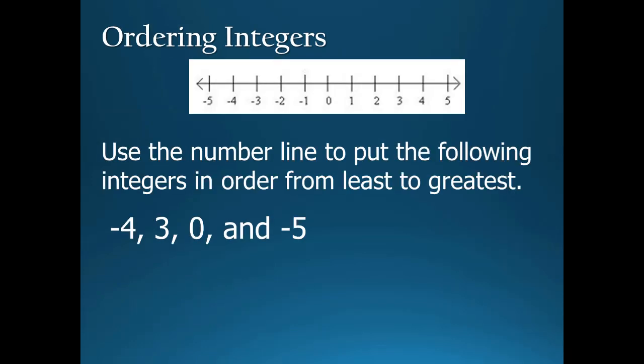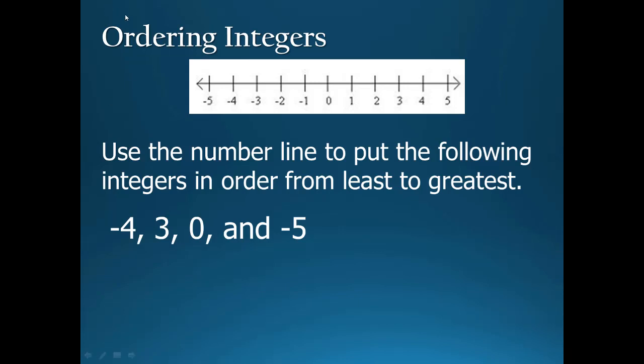Okay, now we will try ordering the integers from the least to the greatest. Minus 4, 3, 0, and minus 5. So we are starting from the least, minus 5. We're starting from the left to the right. Dari yang kecil ke yang besar, berarti mulai dari yang kiri ke yang kanan.